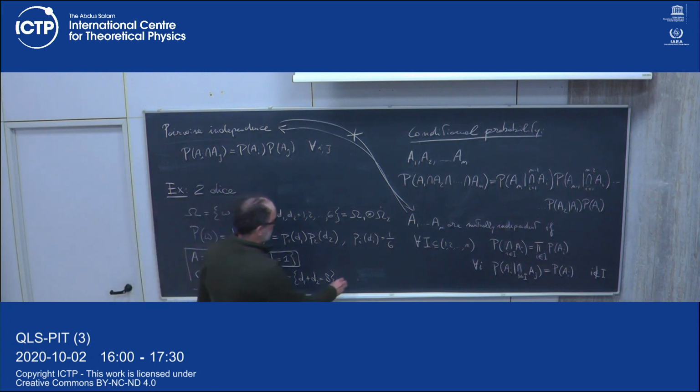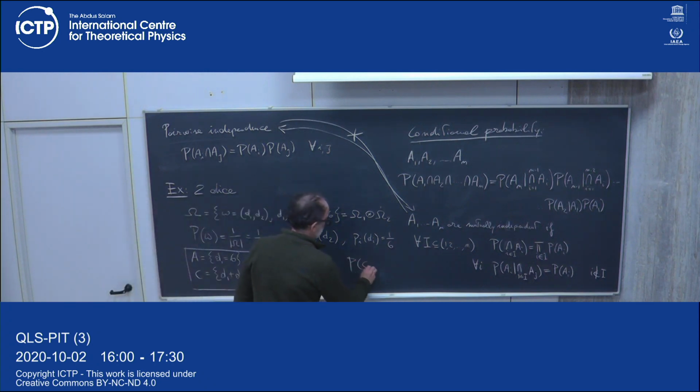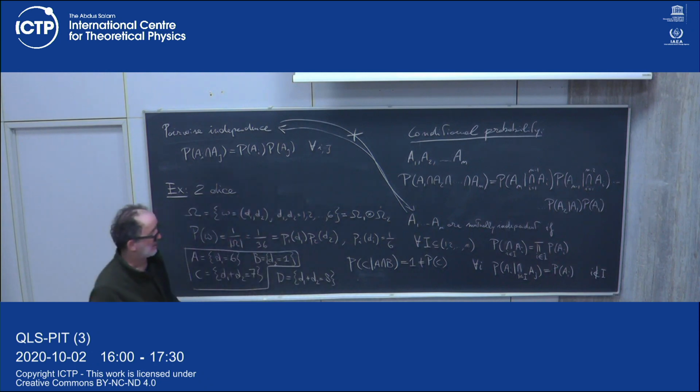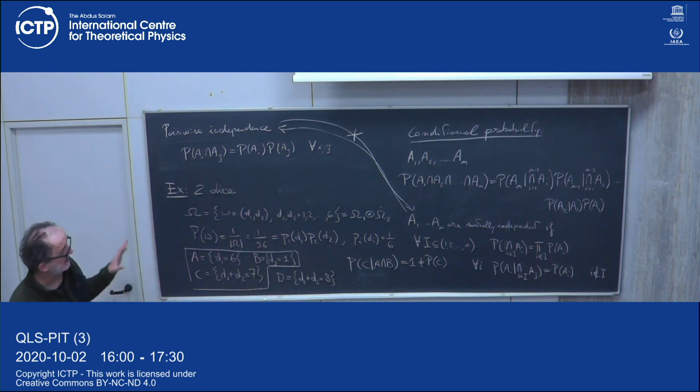Okay? So the probability of C given A and B is equal to 1, which is different from the probability of C, which is 1/6. Okay, so pairwise independence is not independence. Okay?